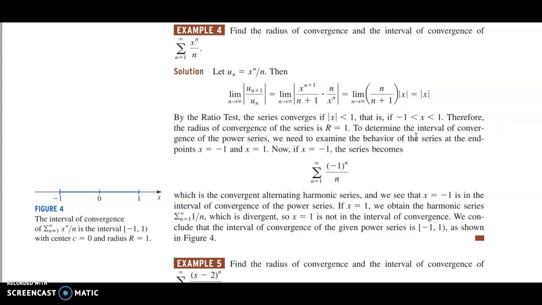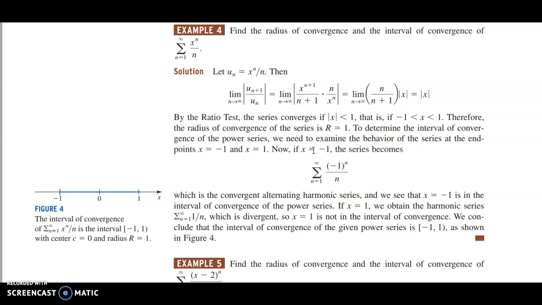To determine the interval of convergence of the power series, we have to examine the behavior of the series at the endpoints also. At x equal to 1, the series becomes summation 1 by n. We know that this series diverges, right?